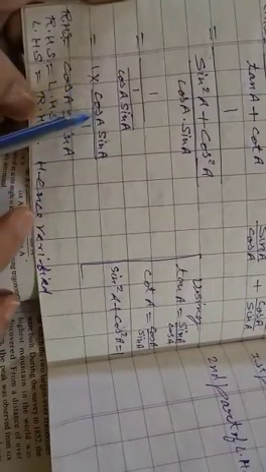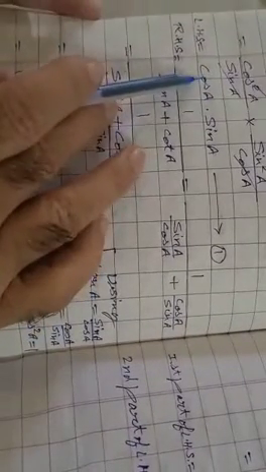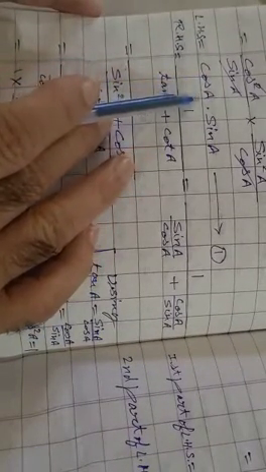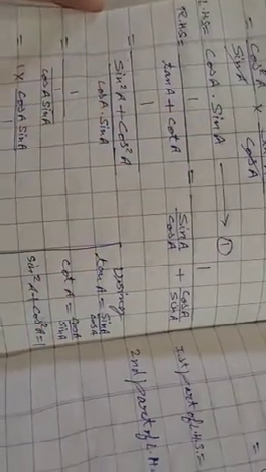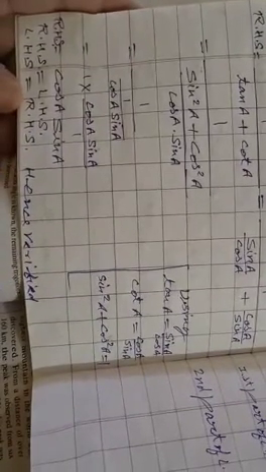Right hand side is equal to cos A into sin A. Left hand side is also cos A into sin A. So right hand side equals left hand side, hence verified.